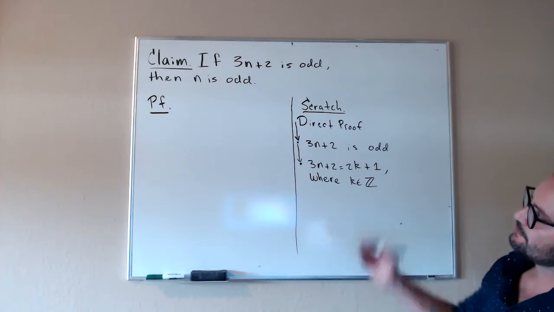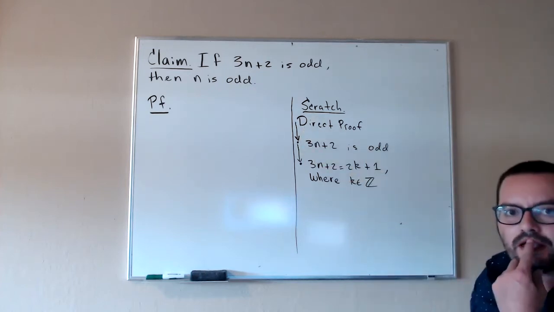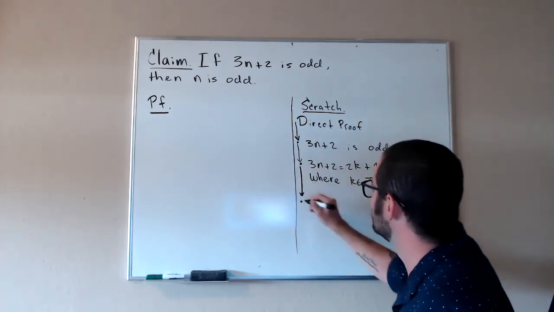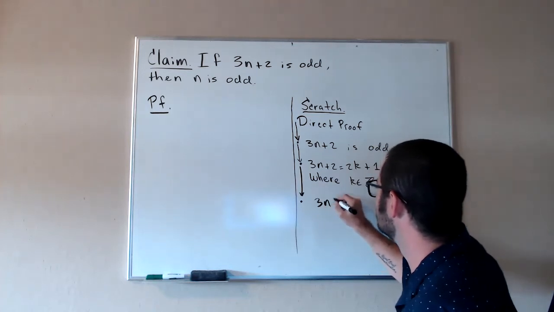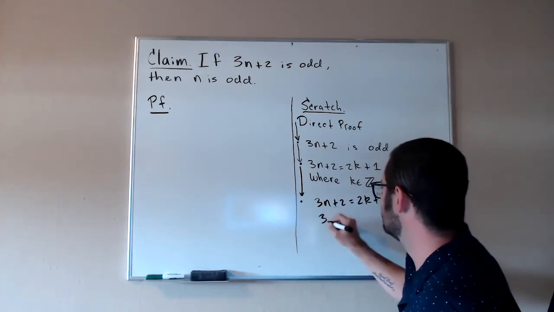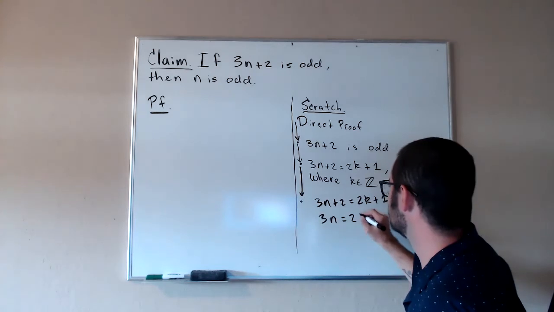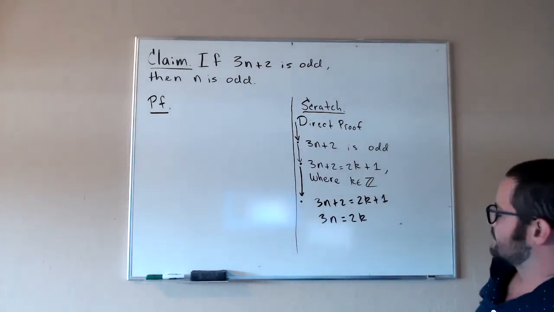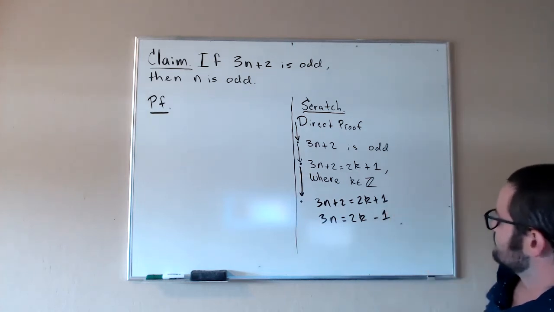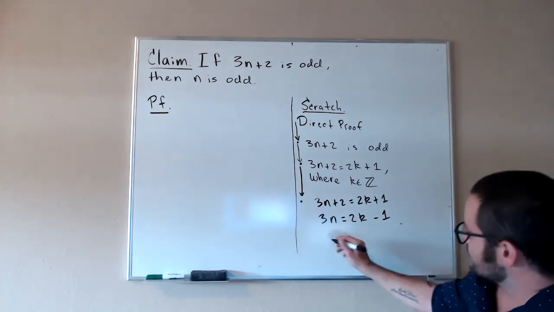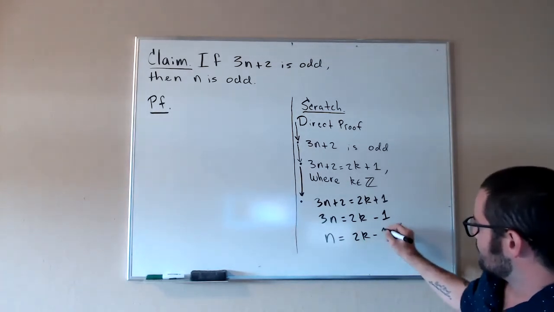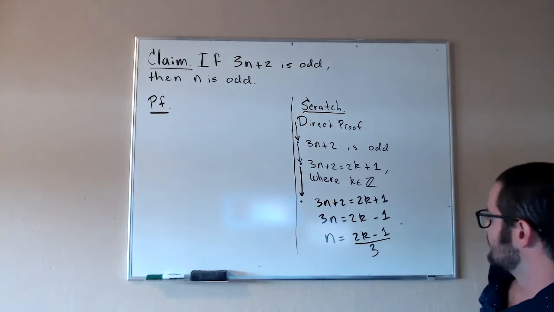So we typically want to look at the conclusion of the claim and see if we can show that n is odd. So we have 3n plus 2 is equal to 2k plus 1. We should subtract 2 on both sides, and we get 3n is equal to 2k minus 1, and then n is equal to 2k minus 1 over 3.